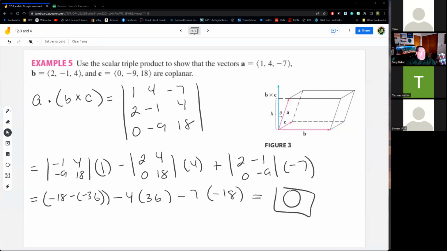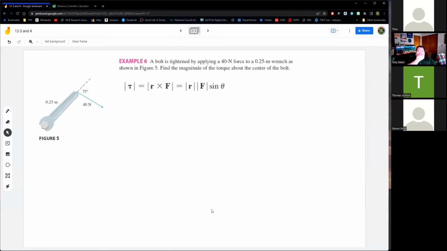All right, let's do a physics problem. So we're going to look at torque. Torque, T, is really the cross product of our position vector and our force.